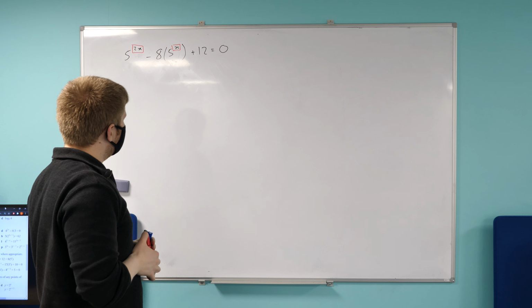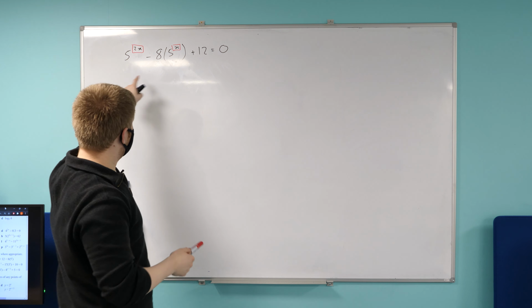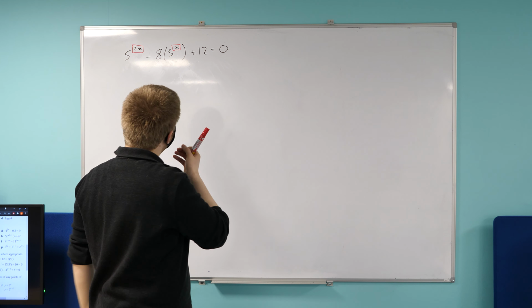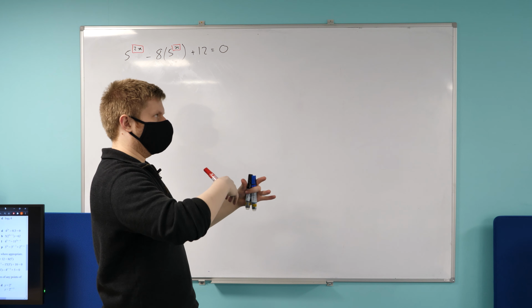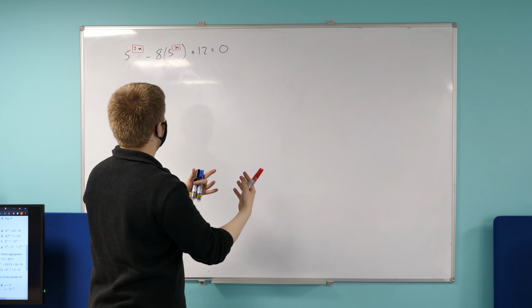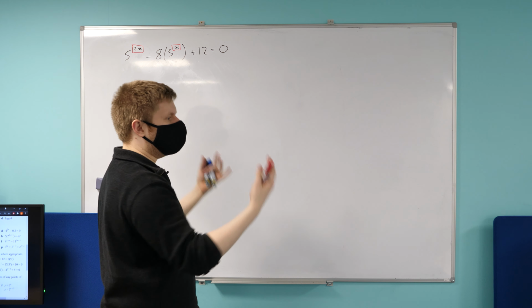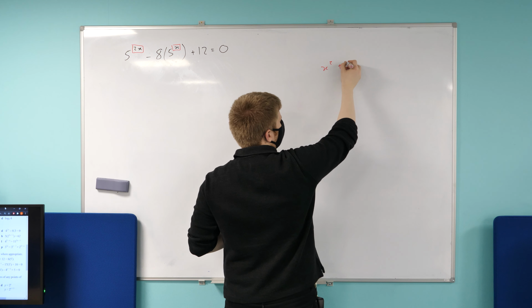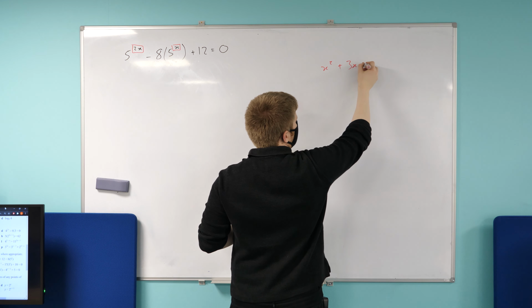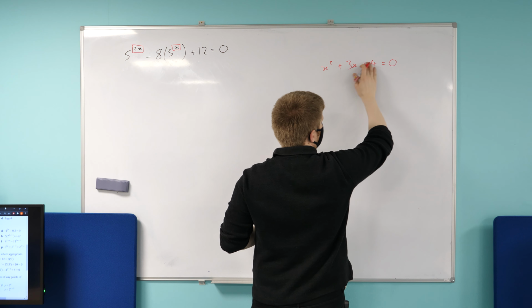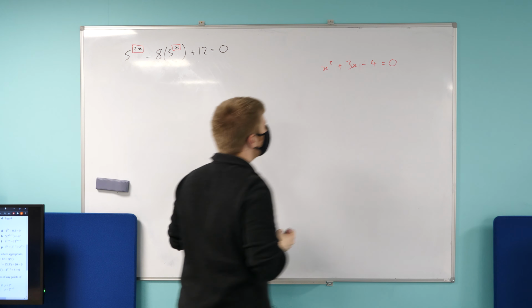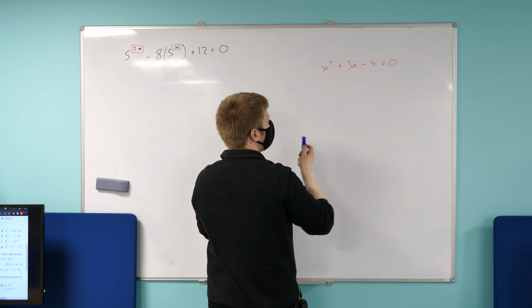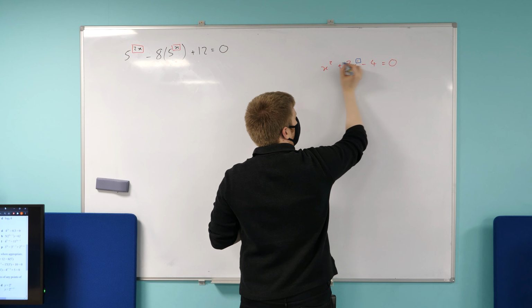Now, that kind of property, where we've got 3 terms, a constant term, and the powers, where this power is double this power, follows the same spirit, the same kind of idea as a quadratic, doesn't it? So for example, if I write down x squared plus 3x minus 4, you notice that the power of the x in this term is just 1, and this power is 2.